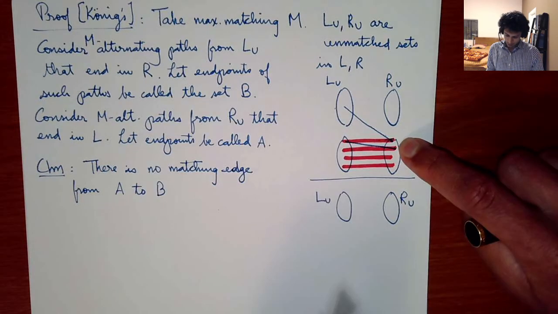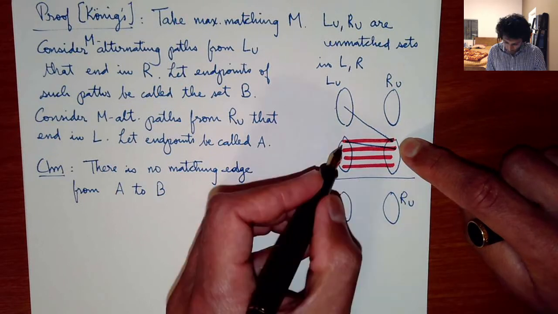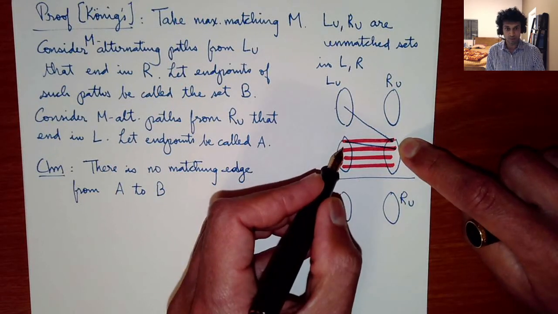If you look at an alternating path that starts from RU, it cannot end up at one of these two vertices.